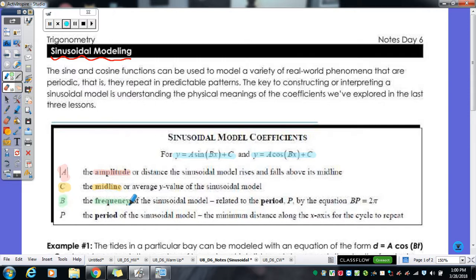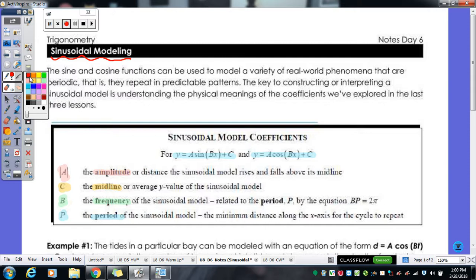Our B value is our frequency, so that's how often you're going to get that curve during the normal period of 2 pi. And then the last thing, it's not actually part of your equation, but you still need to know your period. And that is how long it takes for one entire curve to happen.